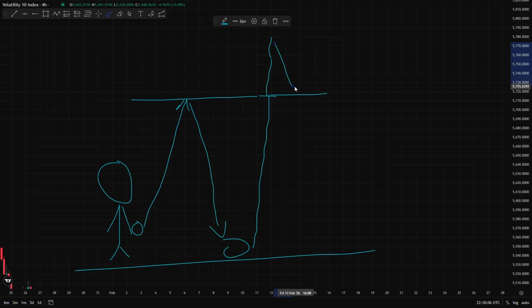What tends to happen there? The ball tends to head back in the initial direction. Remember, the ceiling was a resistance. When the ball broke through it, it came down and bounced on the ceiling. Then the ceiling supported the movement. So this analogy basically explains what resistance turning support means.